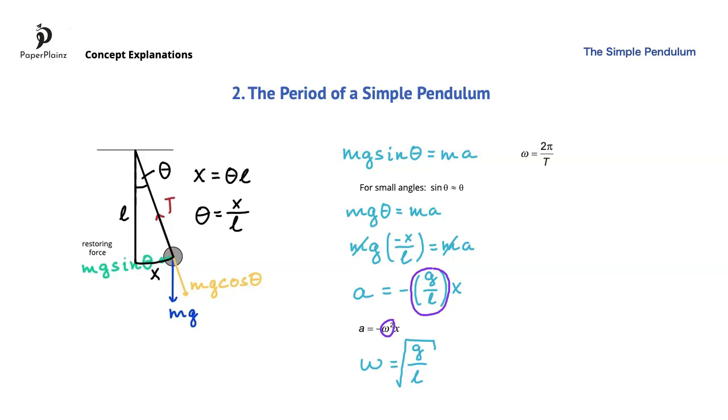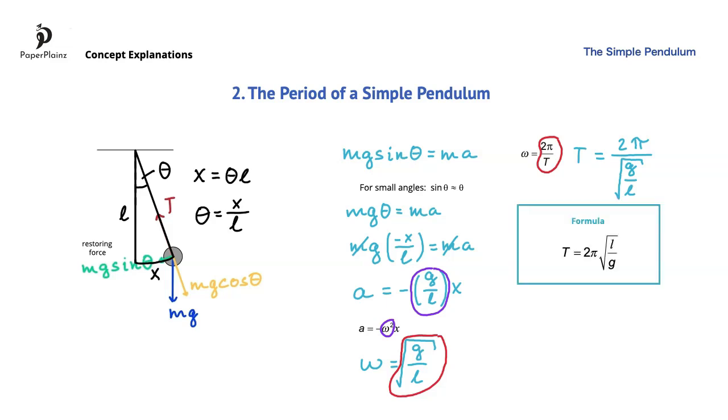Combining this equation with the previous one, we can equate square root of g over L to 2 pi over T, and after rearranging, we get that T is equal to 2 pi divided by g over L under the square root. When we divide by a fraction, we can multiply by its reciprocal, which gives us the formula for the time period of a pendulum that we find in the IB Physics data booklet.